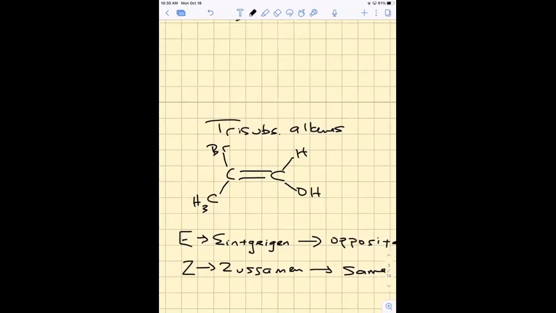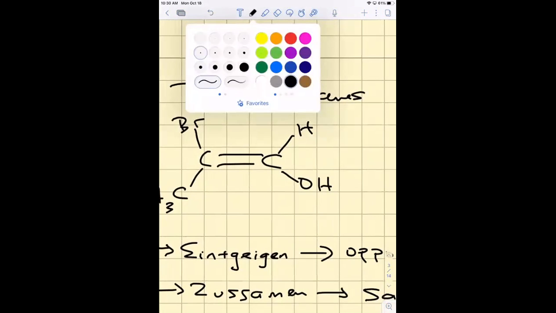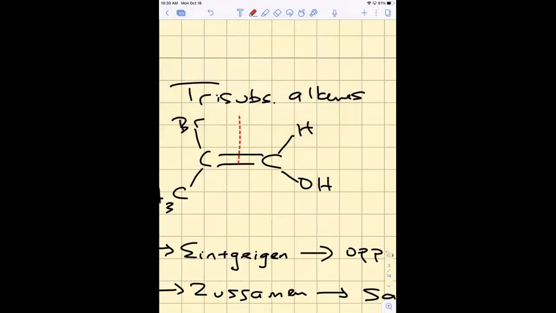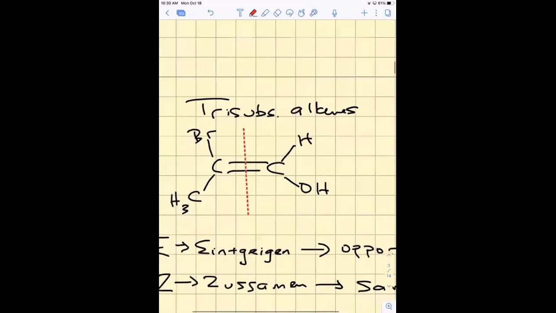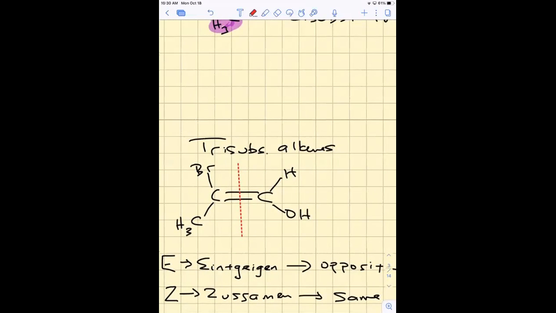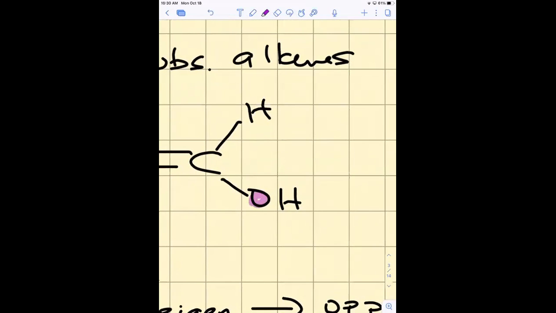With a trisubstituted alkene, first we have to look at each side separately. We look at each carbon in that alkene as a separate entity and prioritize the groups on each carbon. Over here, you have an oxygen and a hydrogen. We're not worried about what else is on the oxygen, because we're only looking at the atom that's bonded to the carbon. The priority is based on atomic number.